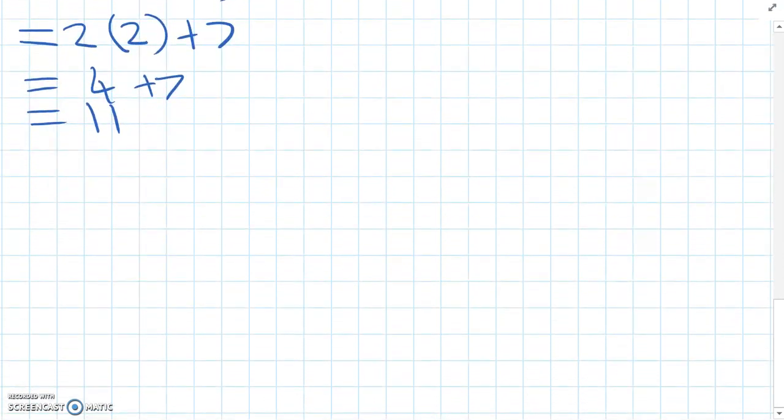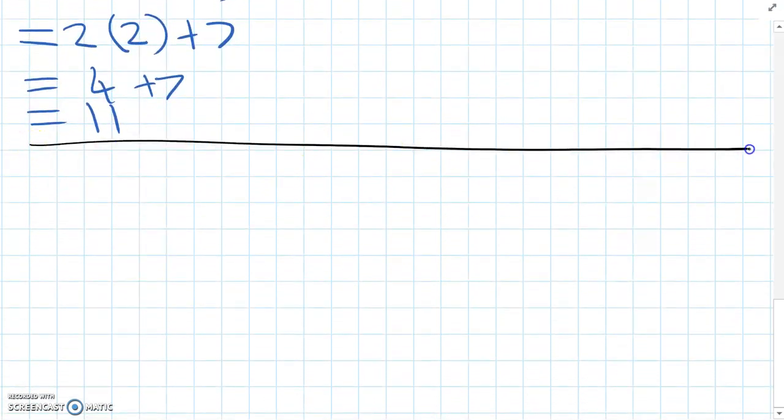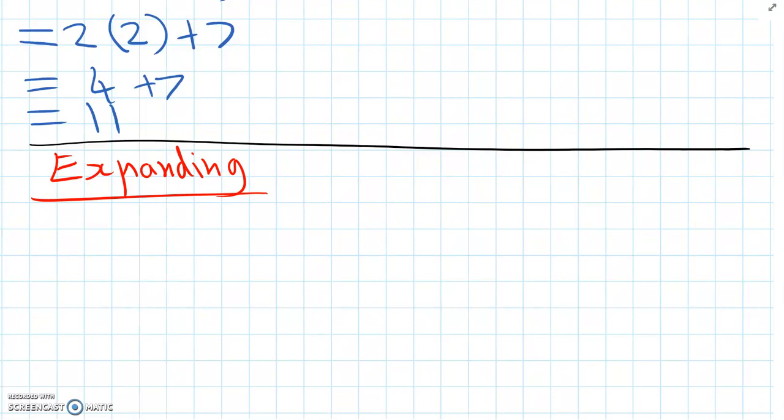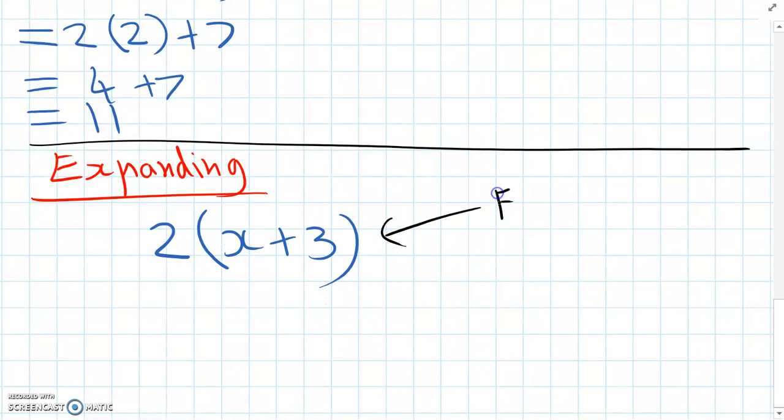The next thing we can use cups and the straws for is for expanding. And expanding means removing the brackets. Because a lot of algebra terms or expressions start in a factorized form or with brackets. So if we have 2 brackets x plus 3, this is called a factorized form.